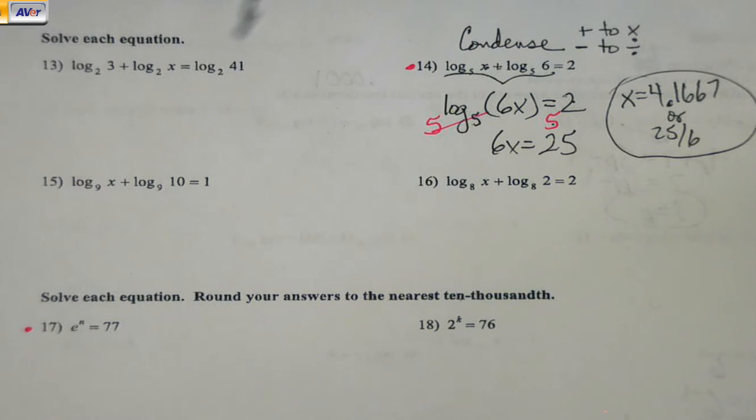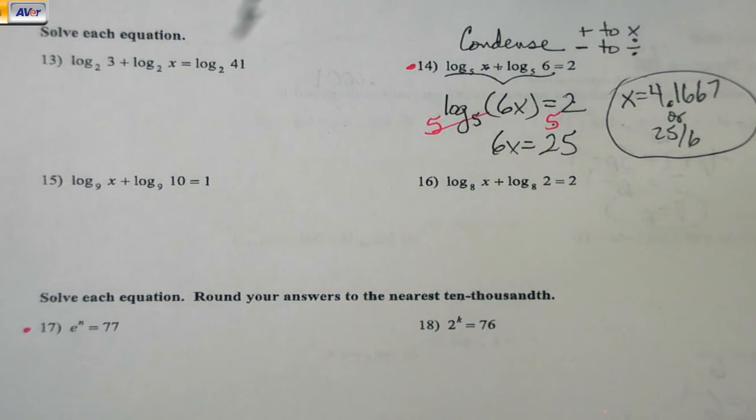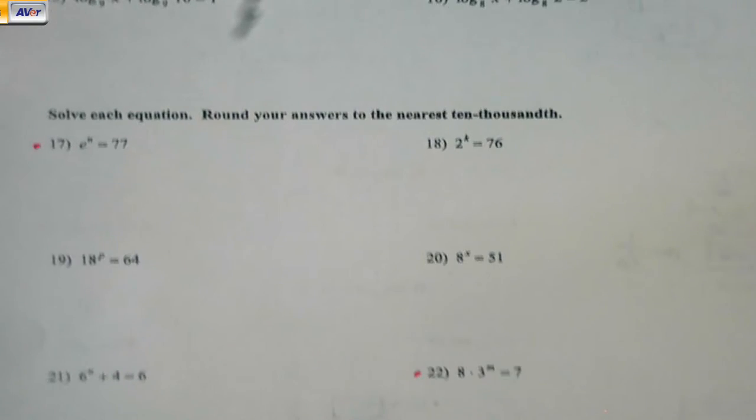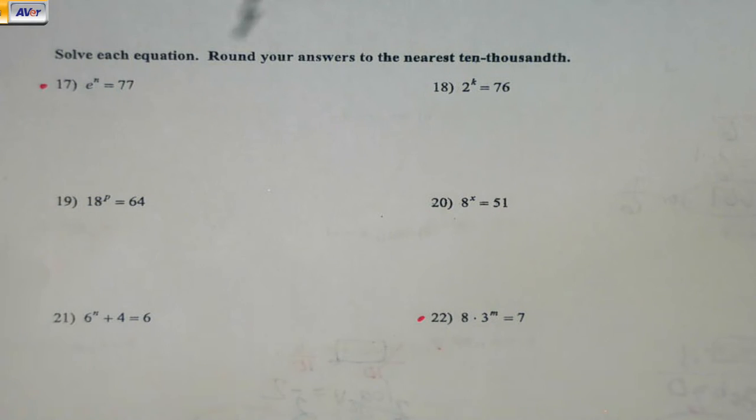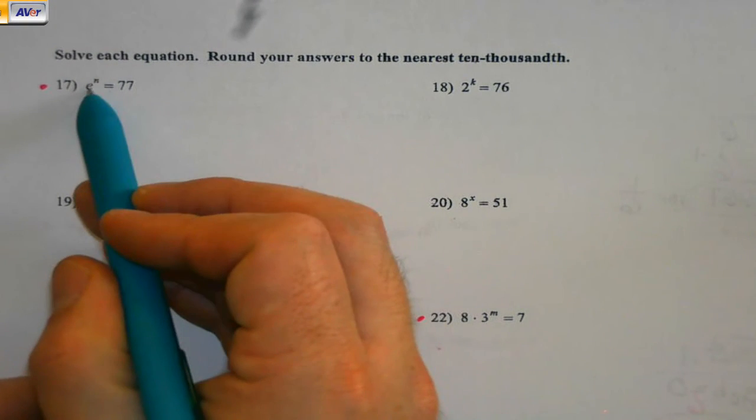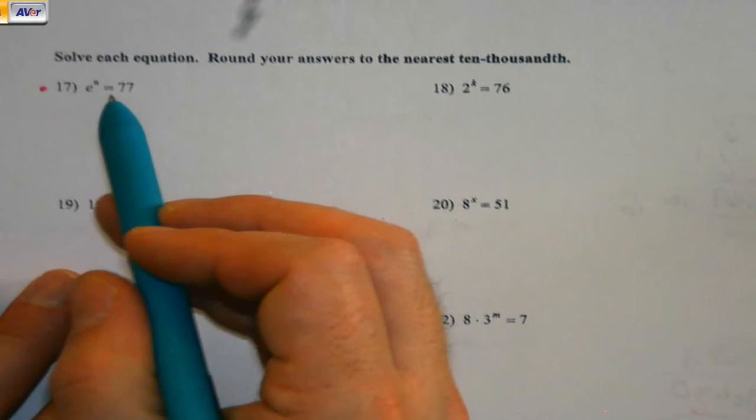So then when we get down to this last piece, everything we've done so far has been log, log, log, log, and I'm doing the inverse. Well, now we're going to change it up a little bit. We're still going to use logs, but now it's going to be our other way of using the inverses. So for instance here, I need to solve for n. This e is in the way. Ooh, we haven't done this yet.